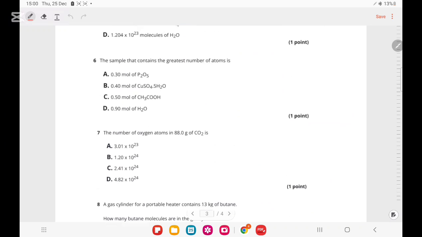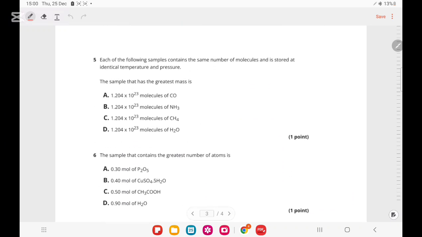Now moving towards the next question, each of the following samples contains the same number of molecules and is stored at identical temperature and pressure. So they want us to find the greatest mass. We are given the number of molecules and they are the same for everyone.